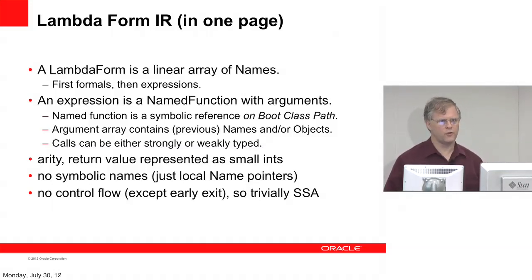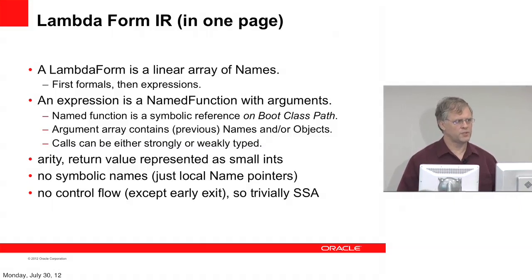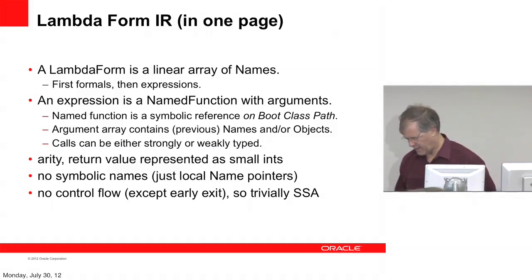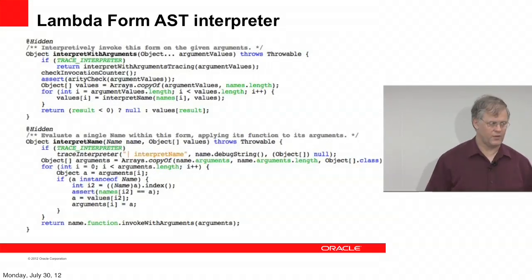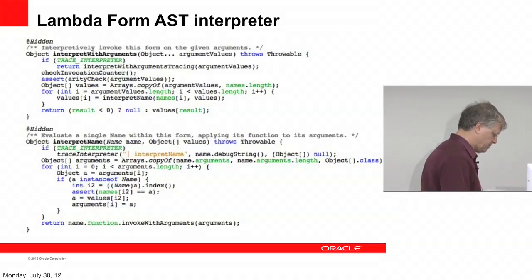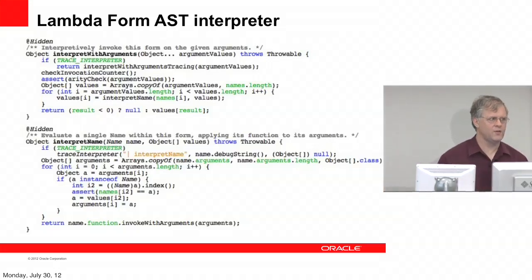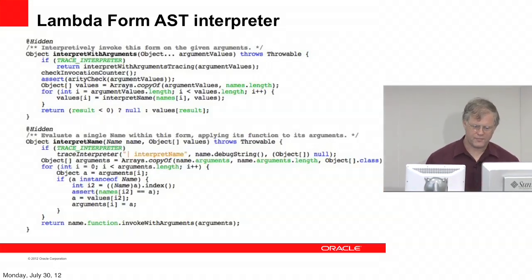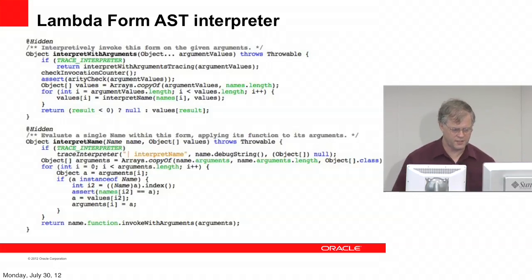There's even no control flow, no loops, so this is all trivially SSA with no phi nodes. And then for your delectation, I have here the one page of code. This is the actual code of the AST Walker interpreter. So it really does fit on a page of code. And it even has little features like invocation counters buried in there. I'm going to come back to this in a sec.